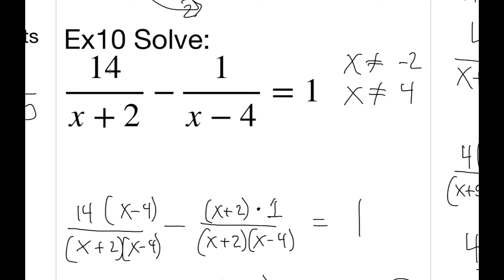And what do you have to do to multiply this fraction to get your least common denominator? You have to multiply it by the expression that's missing from it. It already has an x plus 2. You need to multiply it by x minus 4 in the denominator and in the numerator to make sure it doesn't change anything. So we're multiplying this by a form of 1, this little fraction over here.